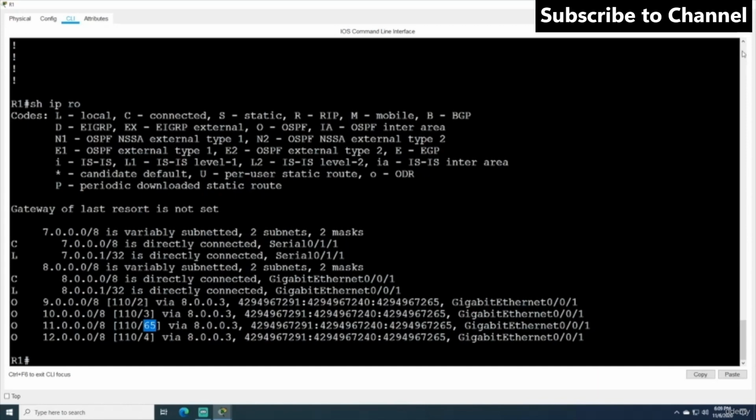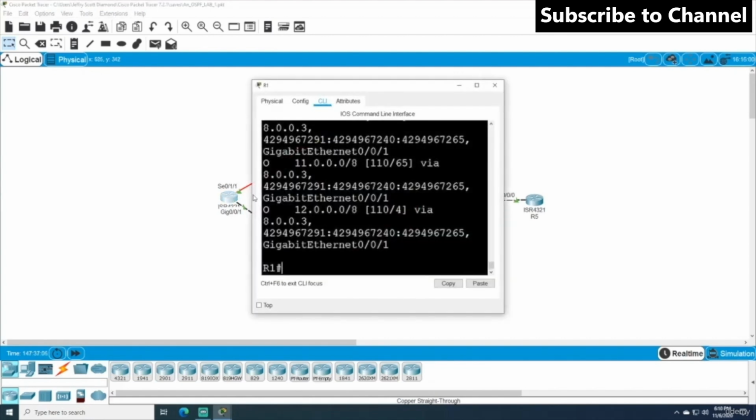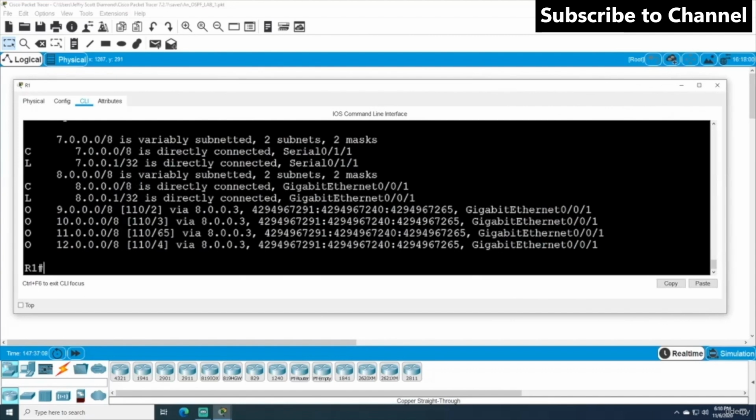And in OSPF, a gigabit link has a cost of 1 by default, and a serial link has a cost of 64 by default. So when we add those two together, 1 plus 64, we get the total routing cost, according to OSPF, of 65. So that all looks good.